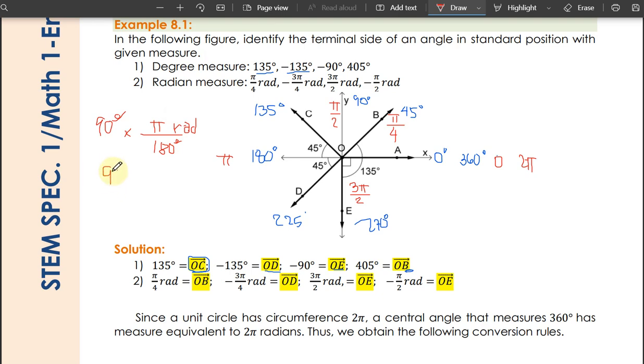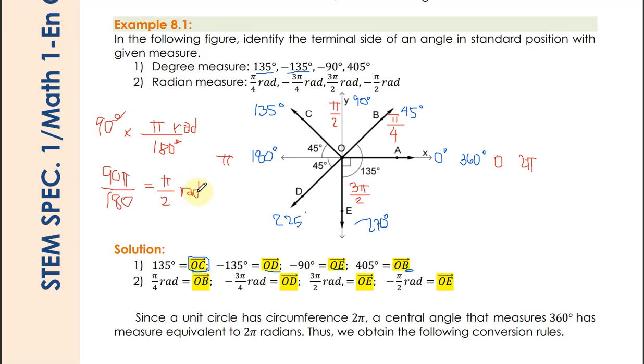So we have 90 pi over 180. And 90 over 180 is just equal to 1 over 2 or 1 half, right? So what remains on top is pi, on the bottom is 2. And its unit is rad. Okay? So we have pi over 2 rad. So that answer there, pi over 2, is correct.